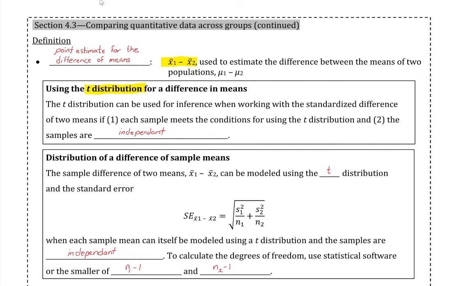We could continue to calculate our point estimate, our standard error, our t-score, and p-value by hand, but we would like to use statistical software to instead emphasize the process and the interpretation of our results.